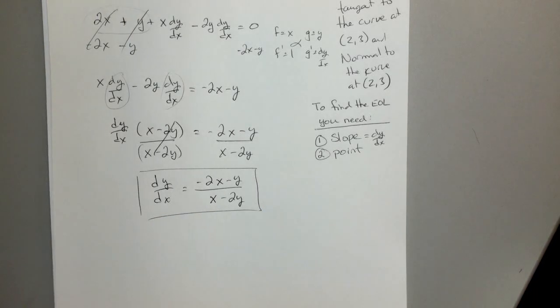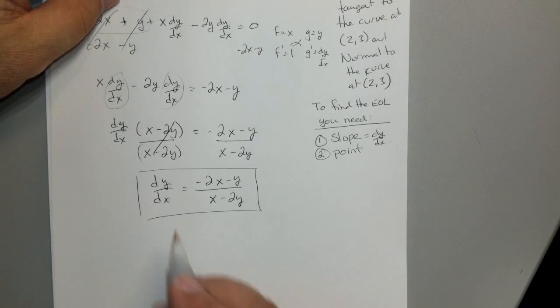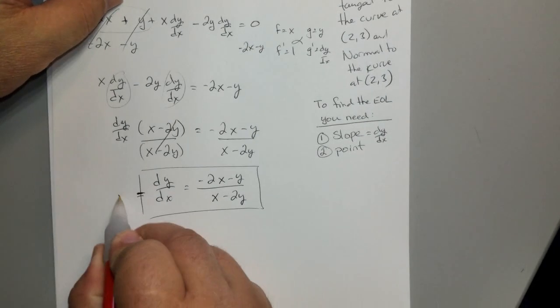What do we do with that? I'm sorry, your answer is wrong. You do what with it now? Exactly. So this finds us the slope.